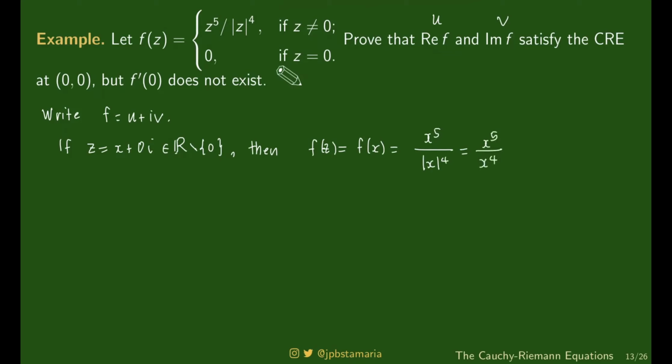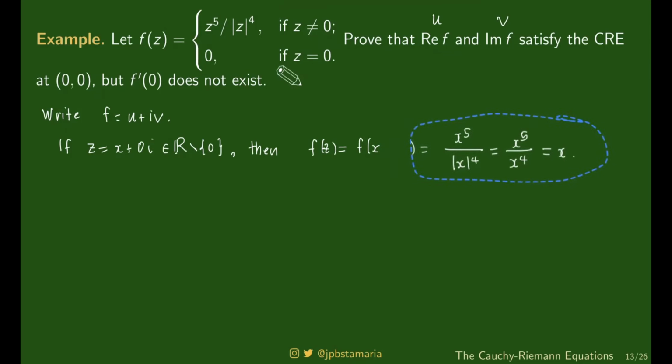On the real number line, absolute x to the fourth is just x to the fourth. So this becomes just x. To be more transparent, I will write 0 plus x plus 0i so you can see that y is 0. Right?